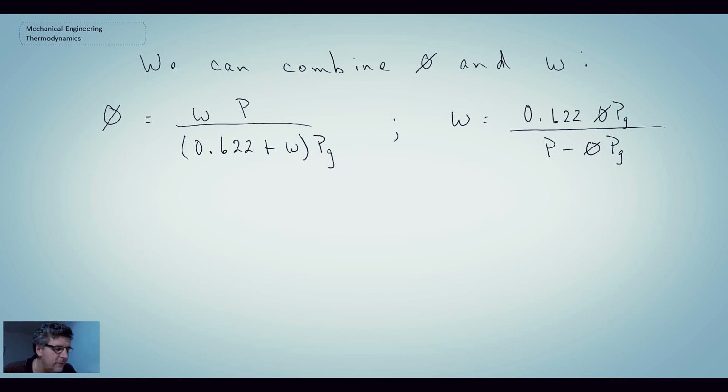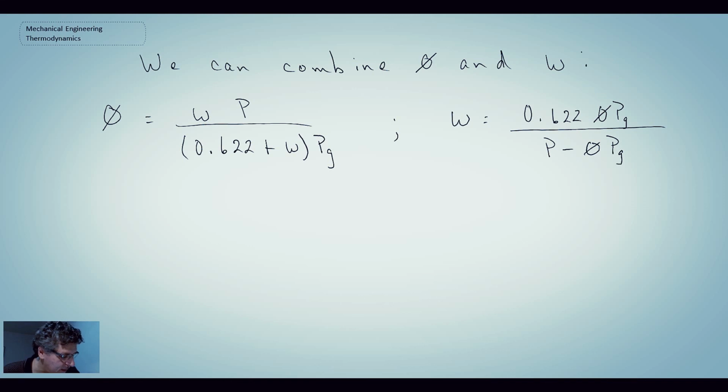And so those are two different equations that let you go between either the relative humidity or the specific humidity, knowing the saturation pressure, PG, and the atmospheric pressure that you would be dealing with. So that is relative humidity and specific humidity.